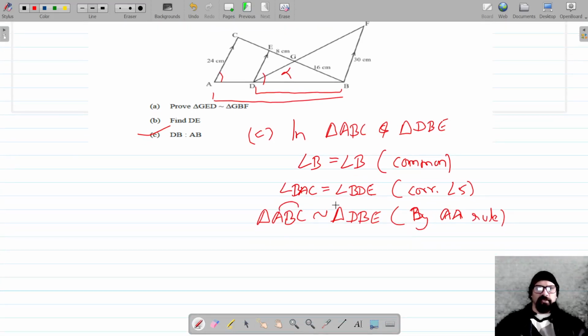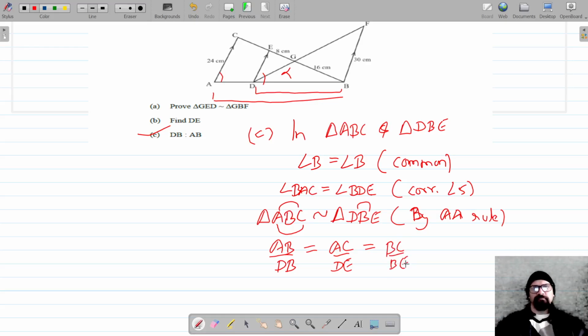So that means AB by DB is equal to AC by DE. These are the corresponding sides that are in proportion, and the third one is BC by BE.